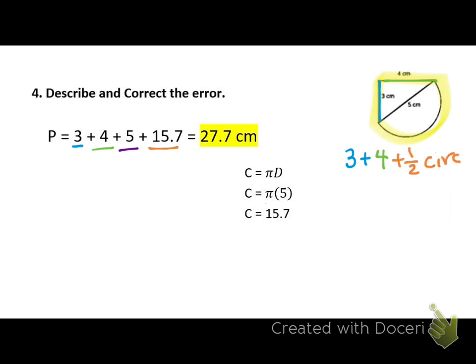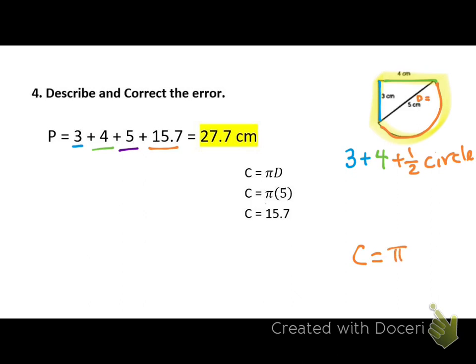Half circle. So to find the perimeter of the circle, we're going to find the circumference. They did give us the diameter. So the diameter is 5.